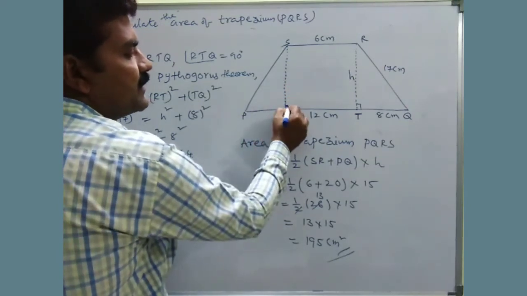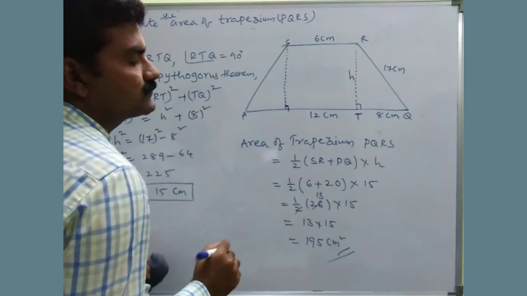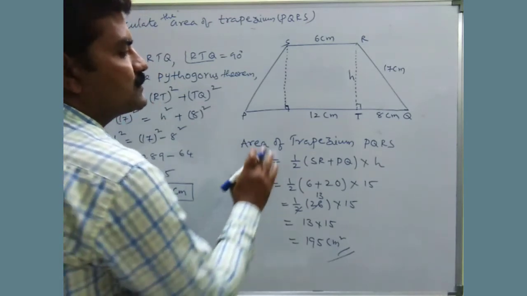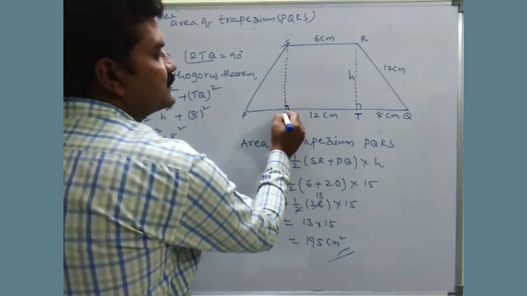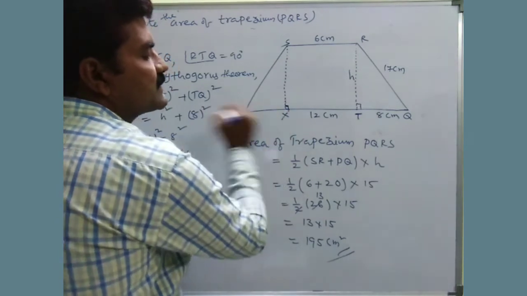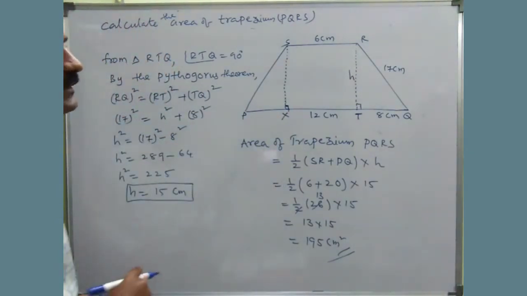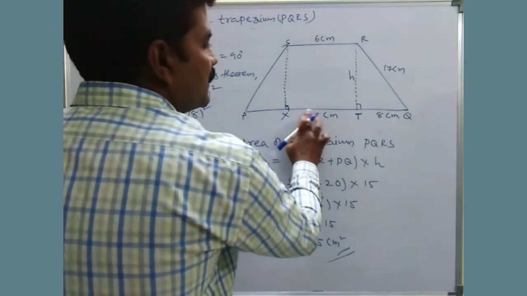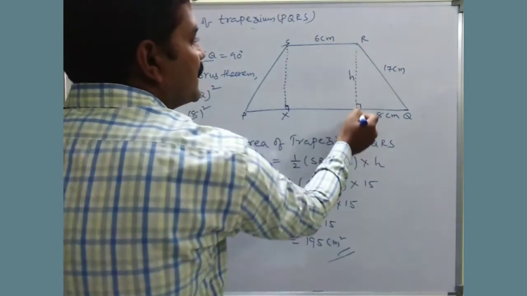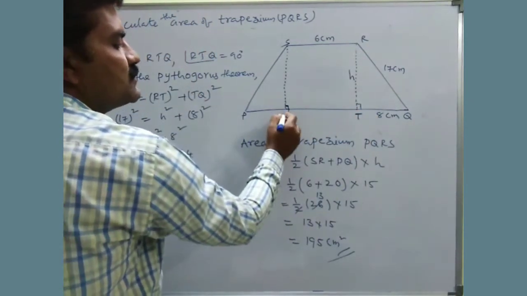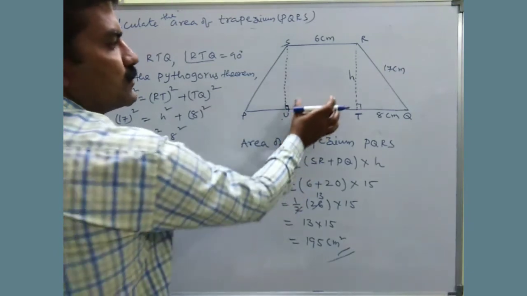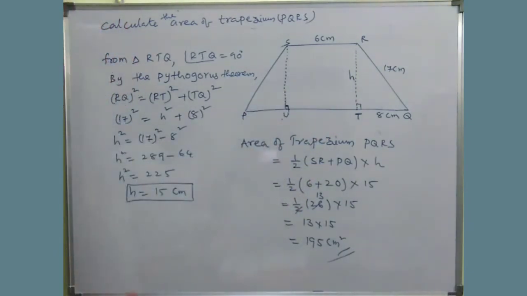This is also a perpendicular. Say that it meets at somewhere, suppose X. Now you see children, this one, SRTU, better you assume it as U. So this is no doubt a parallelogram.